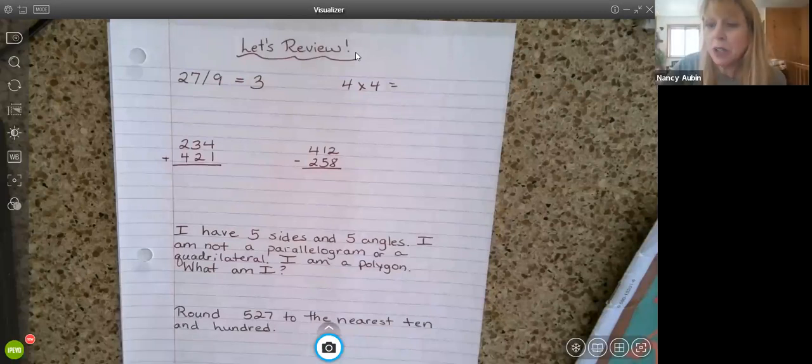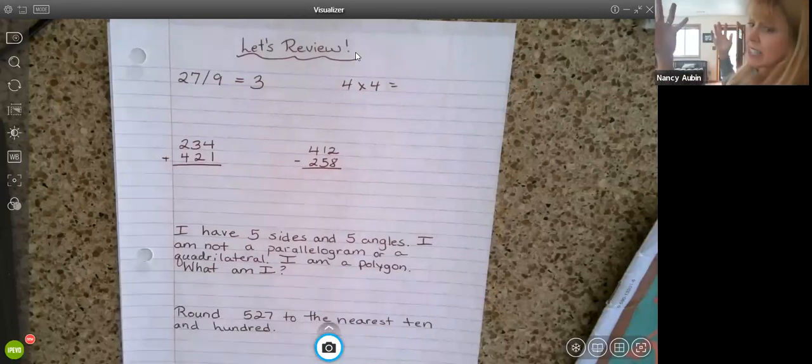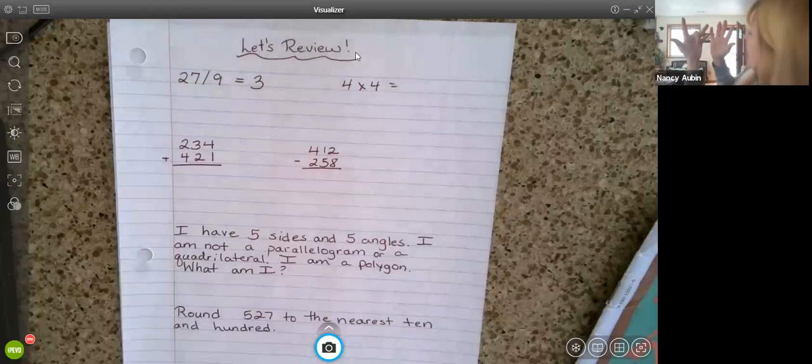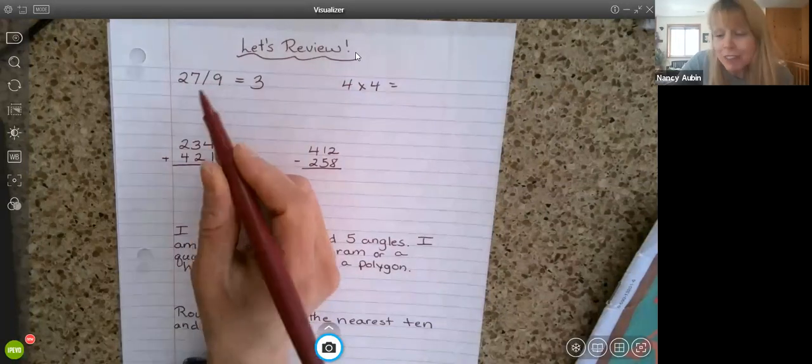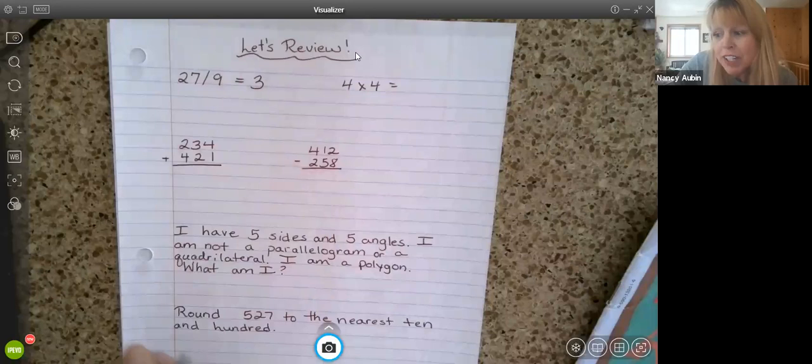Okay, so he made 27 with his fingers. 2 fingers on the left are your 10s and the 7 fingers on your right are your 1s. That made your third finger have to be down. So 27 divided by 9 is 3. And we also know 3 times 9 is 27, so the inverse operation helps us figure that out as well.